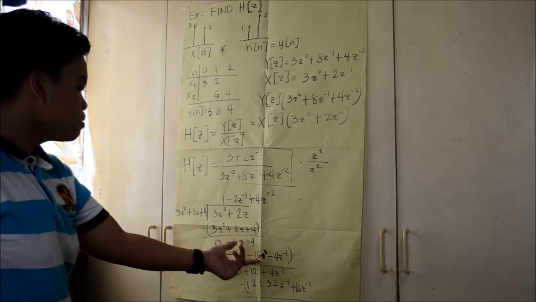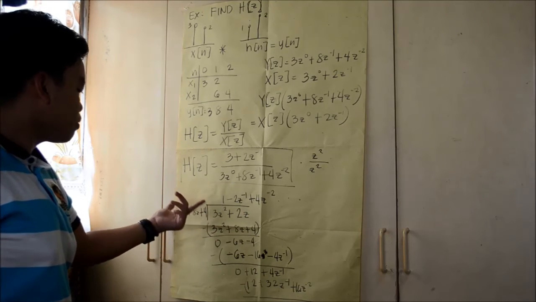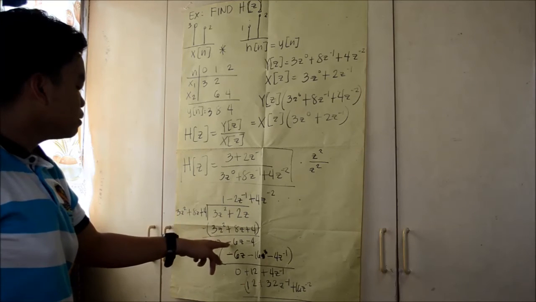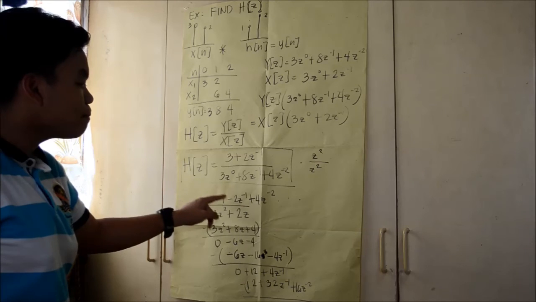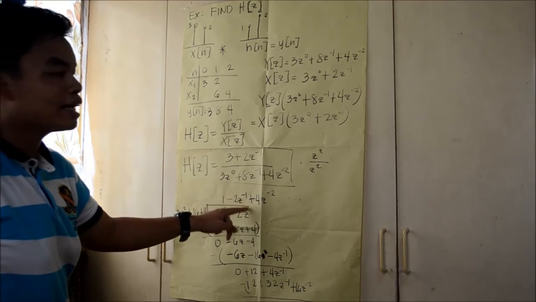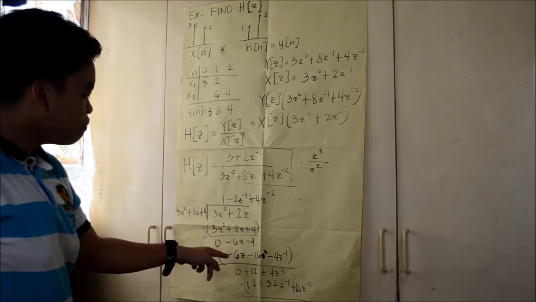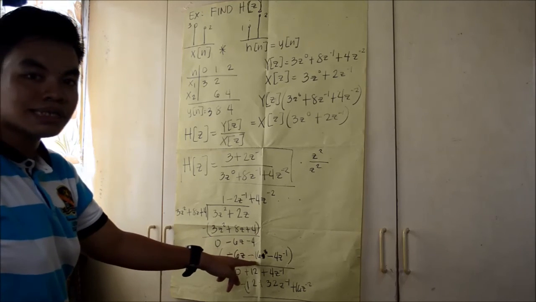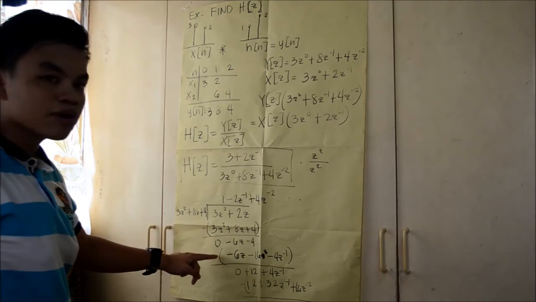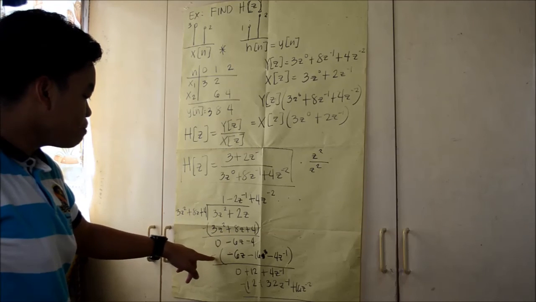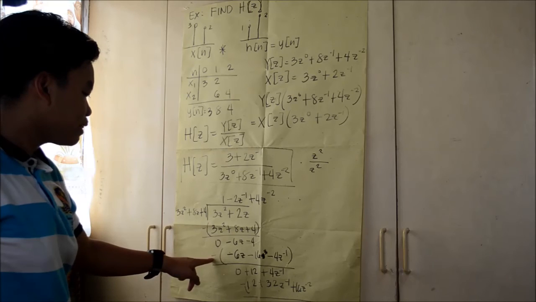Then divide again to this expression, negative 6z divided by 3z squared will become minus 2z to the negative 1. Then multiply again to this, and will become negative 6z minus 16 minus 4z to the negative 1. And don't forget, our operation is subtraction, so put negative.